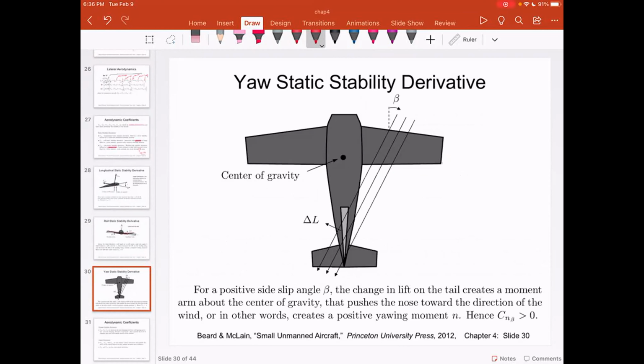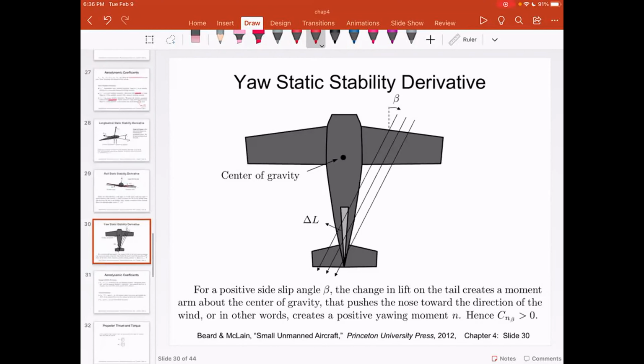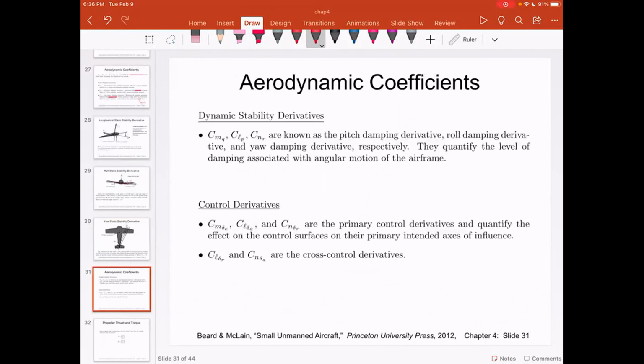In other words, because of some disturbance, if the aircraft gets yawed or if the aircraft gets extra side slip, then if CNB is greater than 0, it will come back to its original equilibrium position.